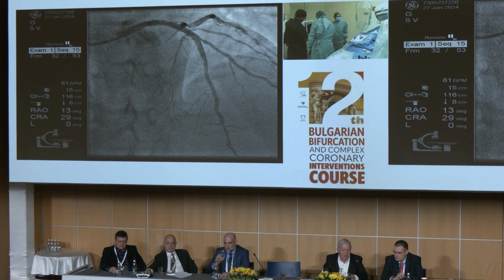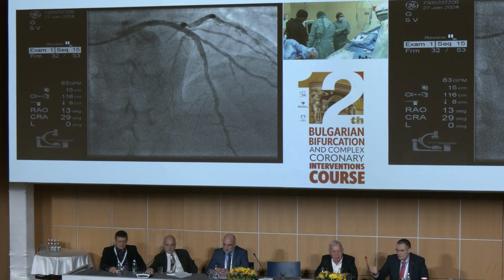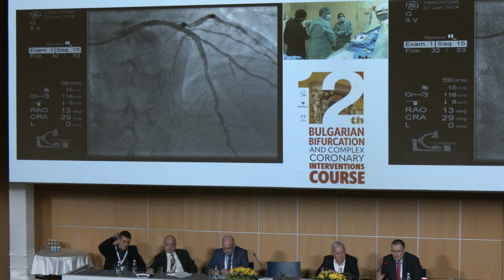So even with what we see with IVUS, personally I won't touch that. There is a very small dissection at the ostium, and I think that the result is excellent at this moment. The stent is perfectly opposed proximally, distally.